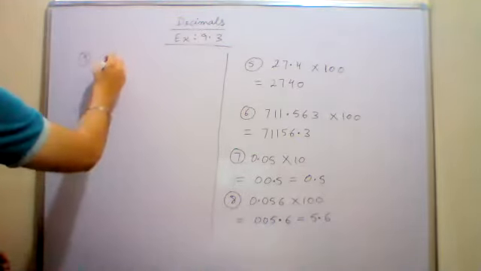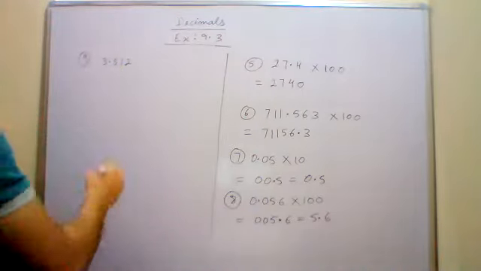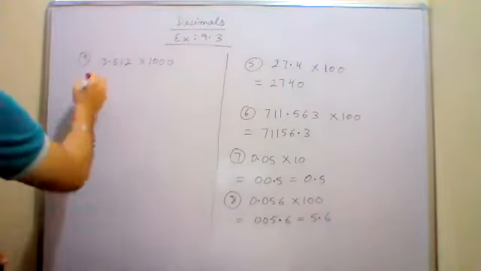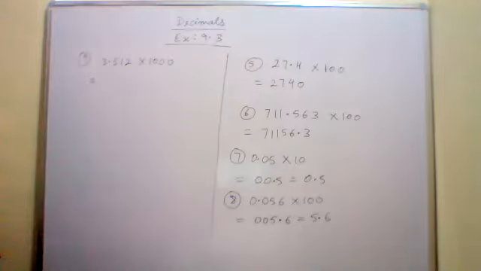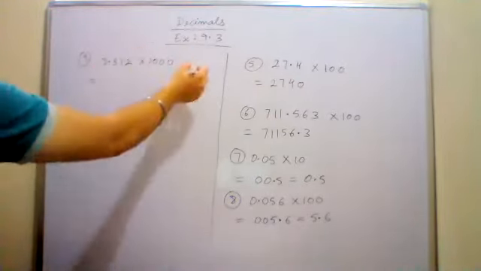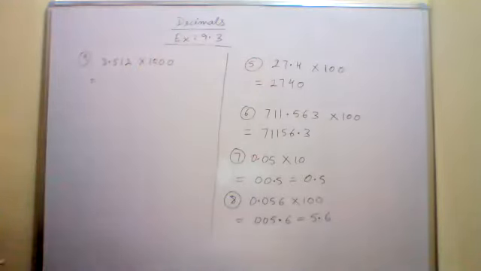3.512 multiplied by 1000. So move the decimal three places to the right, because the number is 1000. We are multiplying the number by 1000.